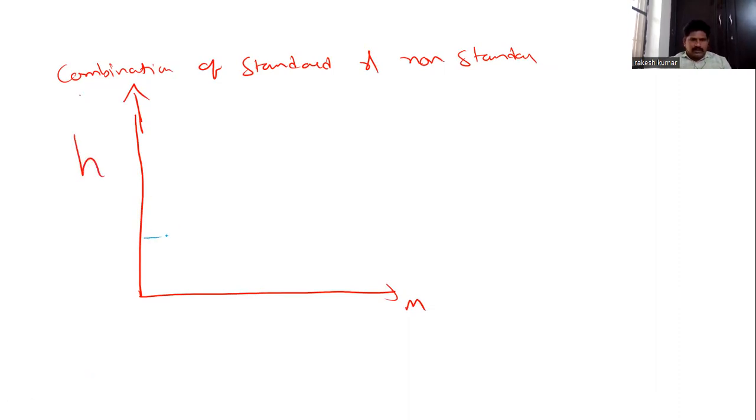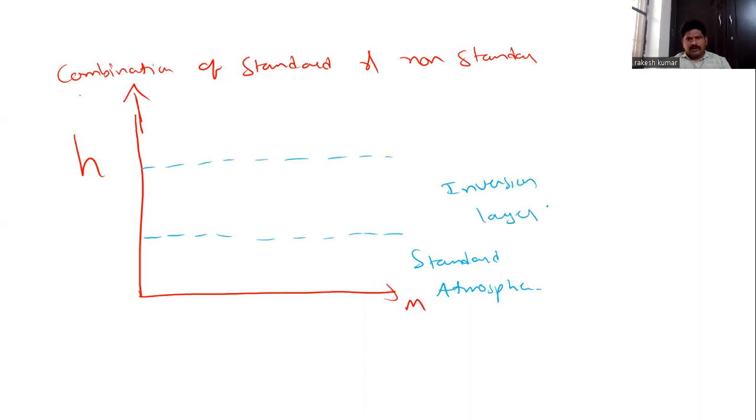Up to here there is standard atmosphere. From here to here, there is an inversion layer of non-standard atmosphere.